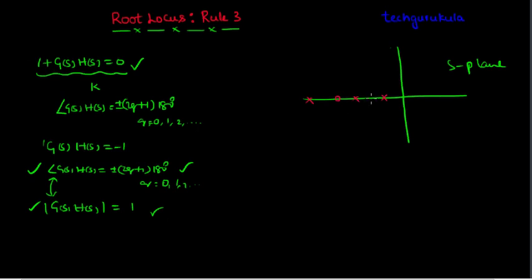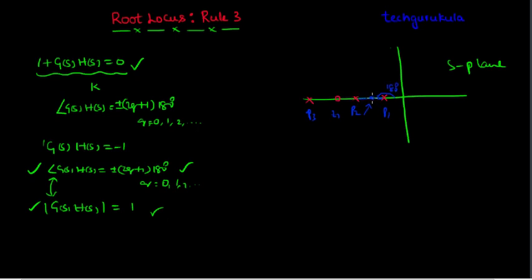Suppose I take a point here, in between. Let me take this point and see if it exists on the root locus or not. If we take this point, the angle made by this pole, let me call them P1, P2, Z1 and P3. The angle made by P1, if you see, will be 180 degrees, right?